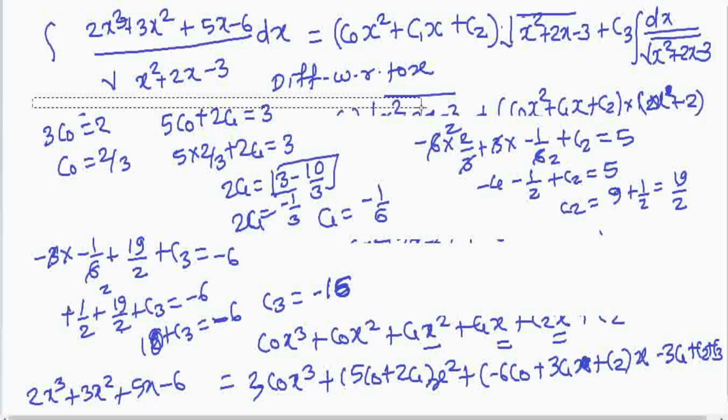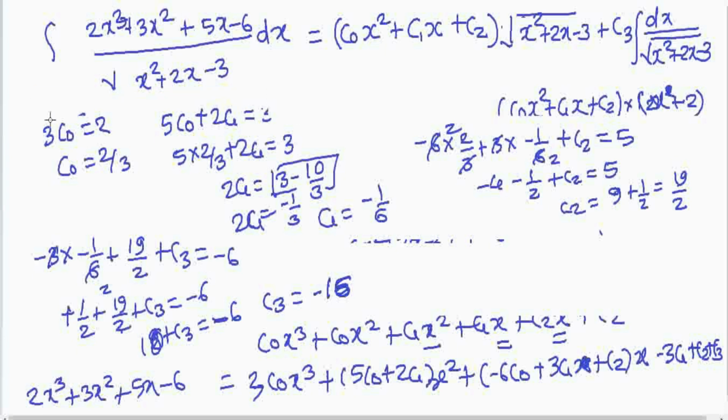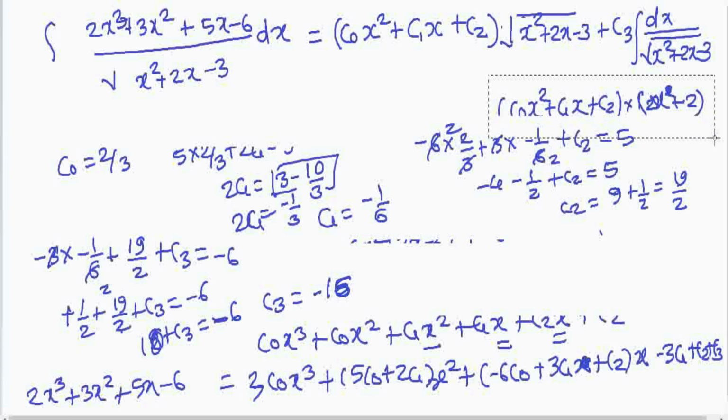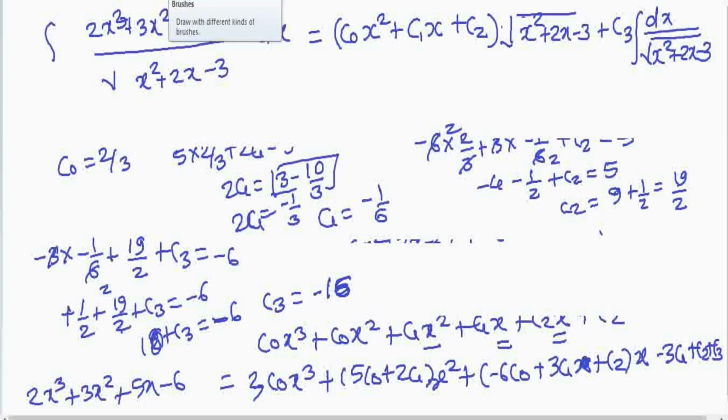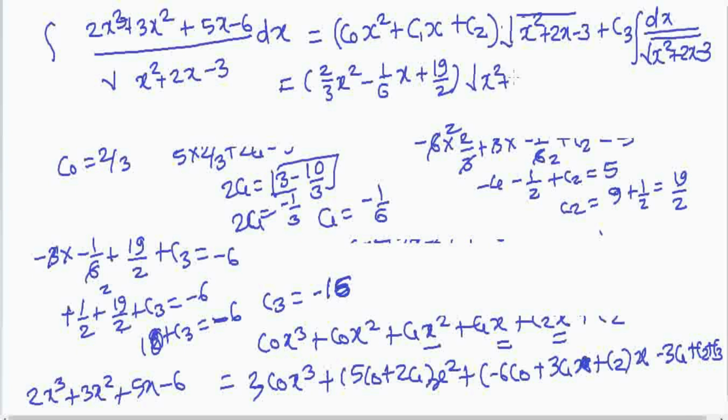We substitute these values of the constants in the given expression. c0 equal to 2 divided by 3 x square, c1 minus 1 divided by 6 x, c2 plus 19 divided by 2 into the square root of x square plus 2x minus 3, c3 minus 16 into the integration of dx divided by the square root of x square plus 2x minus 3.